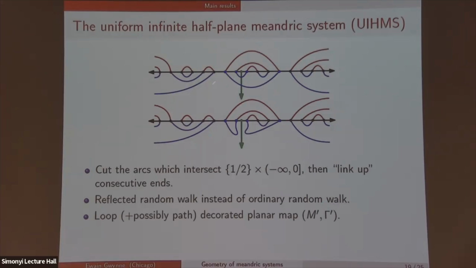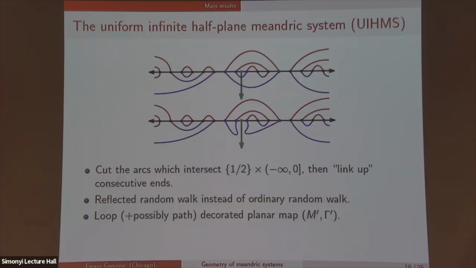The reason why we think of it as being half-plane-like is that it has a distinguished boundary, namely these pairs of matched arcs that we got when we cut and re-glued can be thought of as the arcs corresponding to the boundary of this infinite meandric system. So it has an infinite number of vertices, and it also has an infinite number of boundary vertices, and so it's a half-plane-like object.